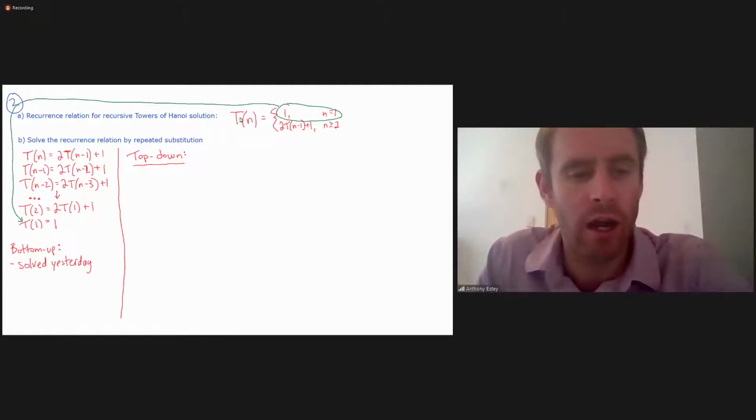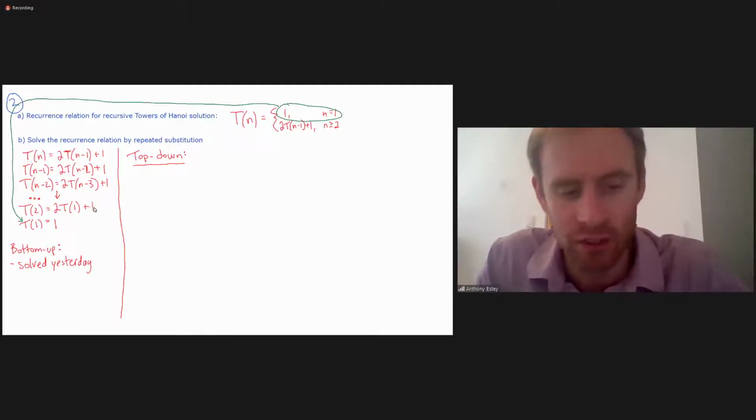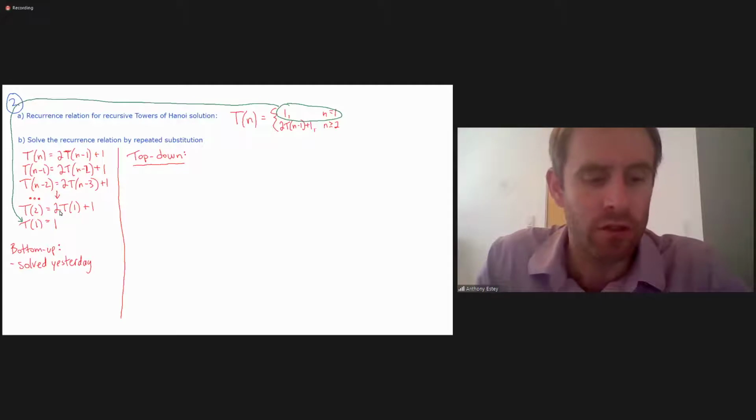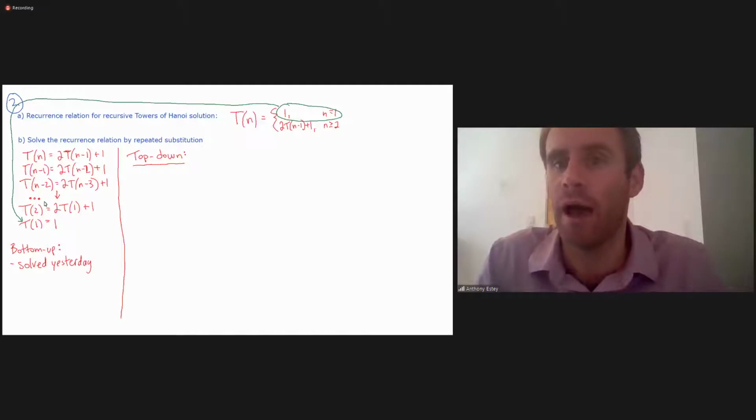We know from our recurrence equation up here that when n is 1, the solution is simply 1. So in our bottom-up approach, we solved this, and then from there we worked our way back up. If t of 1 is 1, then t of 2 is 2 times t of 1, which is 2, plus 1, which is 3. And if t of 2 is 3, then t of 3 is going to be 2 times that plus 1. We worked our way up, and we looked for a pattern.